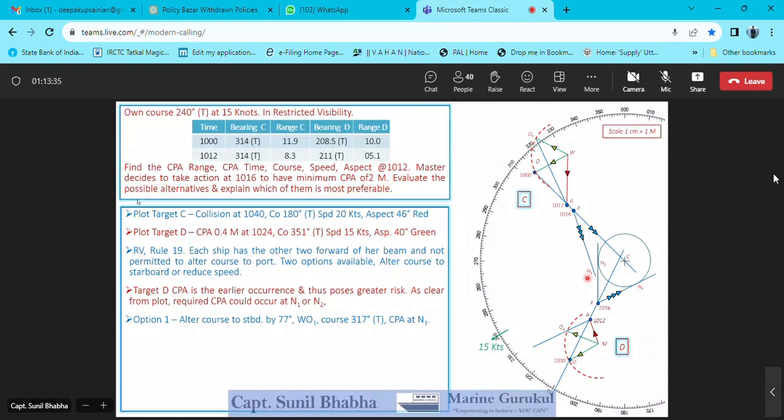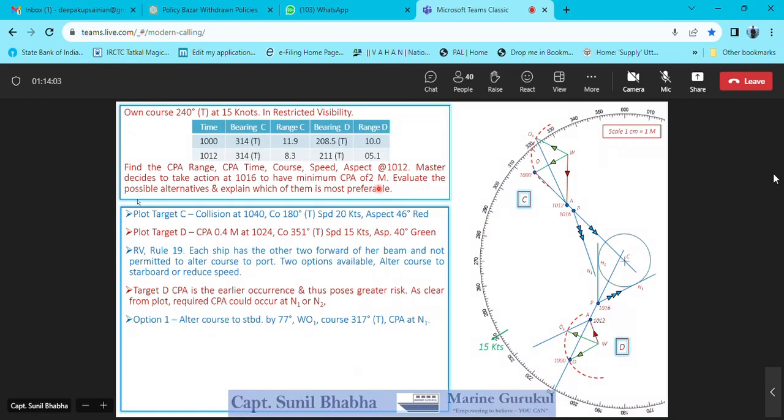It tells us that the CPA for target Charlie will be more than our required value of 2 nautical miles. So this indicates that this action of alteration of course to 317 degrees true will make the CPA of both the targets more than our required CPA of 2 nautical miles. So this is the first option which is available to us.